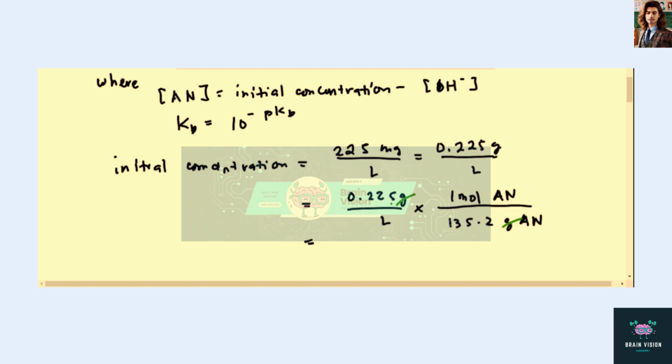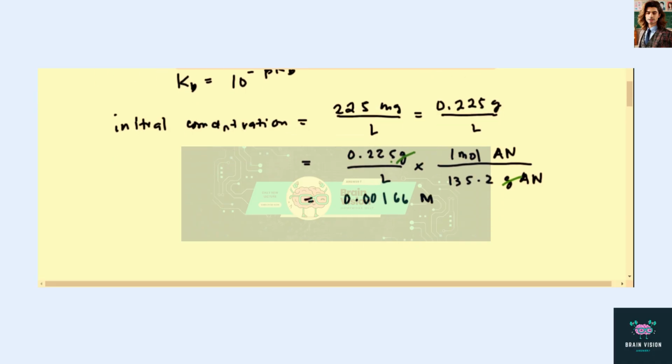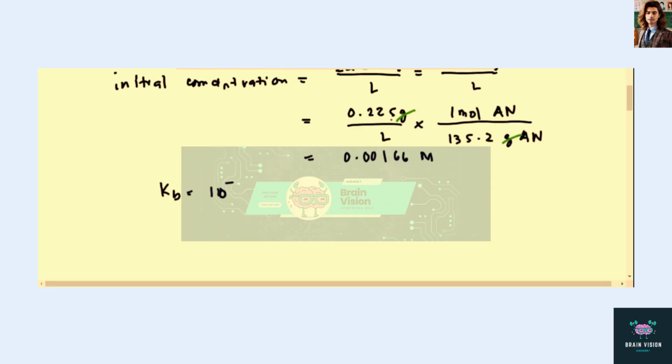So we have 0.00166 moles per liter, or molar. And Kb, given with pKb as 4.2, we have it as 10 to the negative 4.2.